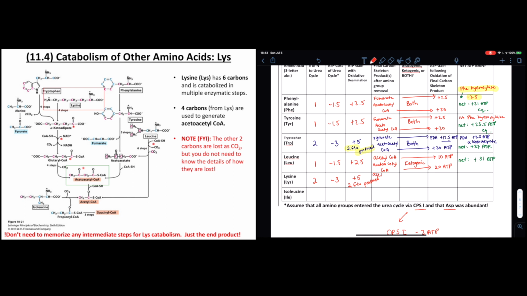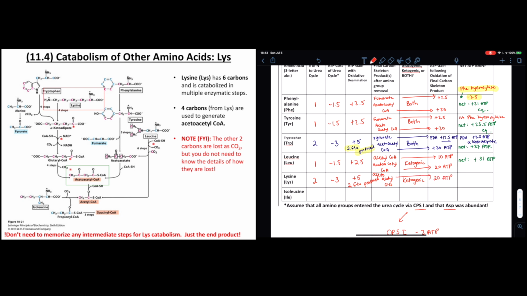So, acetoacetyl-CoA. We call this strictly ketogenic because the only compound that it made was acetoacetyl-CoA, which has no potential to make glucose. So this is going to make 20 ATP.